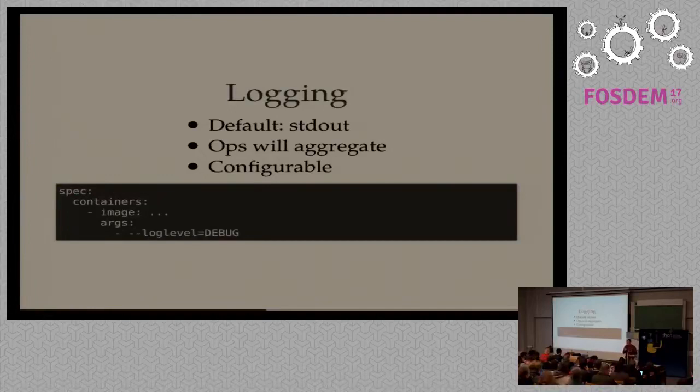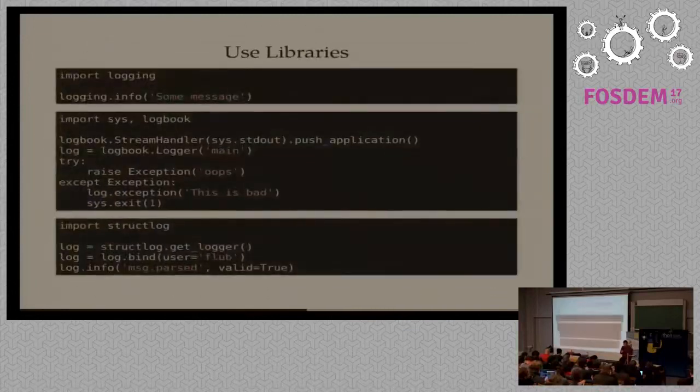But you still want to give operations the option to configure their logging, so you don't want to bake that completely into your application. I prefer command line arguments, though you can also use environment variables. Make it configurable so your operations team can choose what they do there.